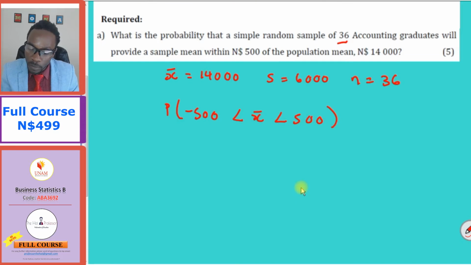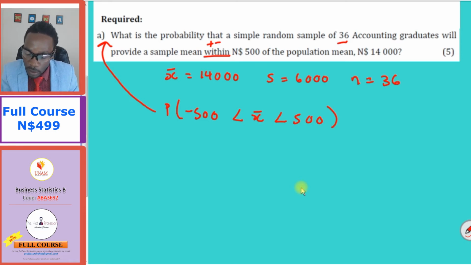So that's how we formulate and simplify this whole statement. What is the probability that the simple random sample of 36 accounting graduates will provide the sample mean within? So within, that's why we have plus and minus.